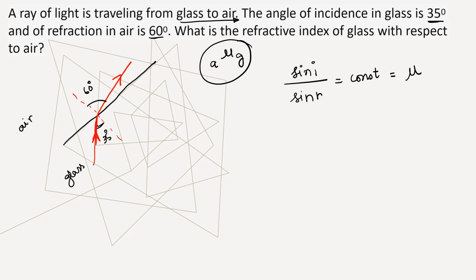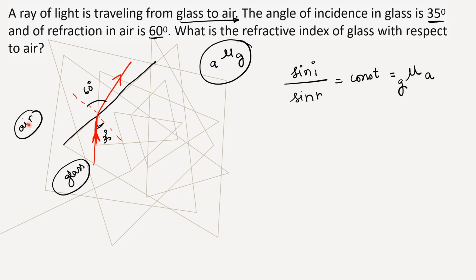Glass to the air. Very important. So sin I is in the glass. Sine angle of refraction is in the air. So this will be refractive index of air with respect to glass.